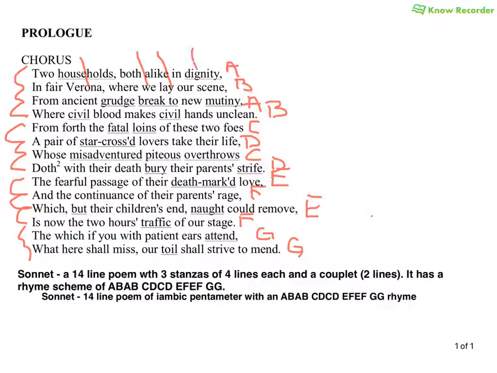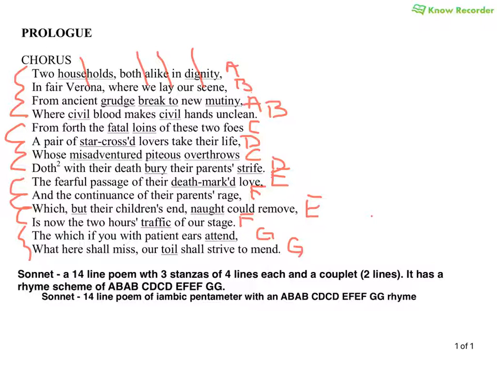"In dig," got to cut through dignity there. And then "nity," that of course is 2 syllables. So now I've broken it down into basically the feet. These are sets of 2 syllables, and I have 5 sets of 2 syllables. There's your pentameter, the 5, of course, in pentameter.